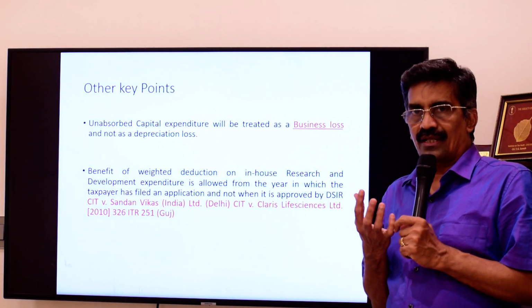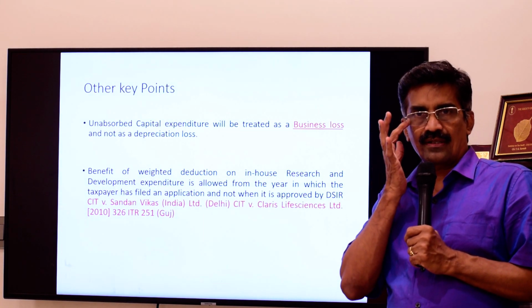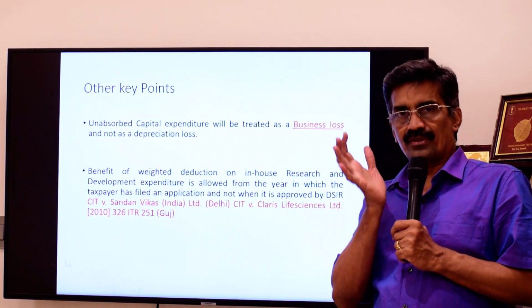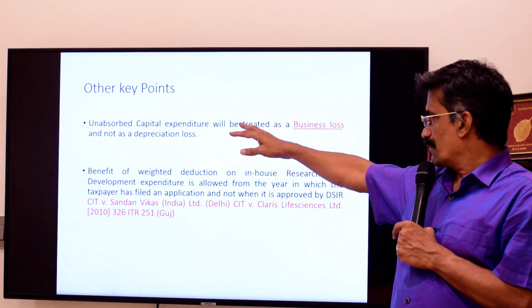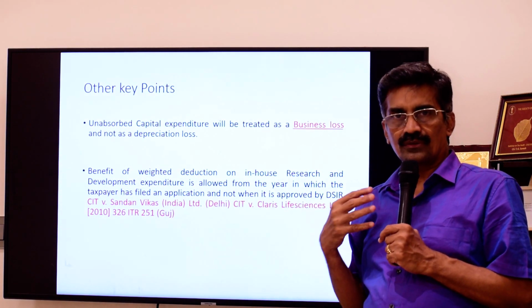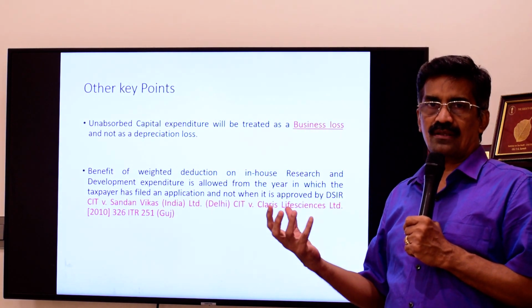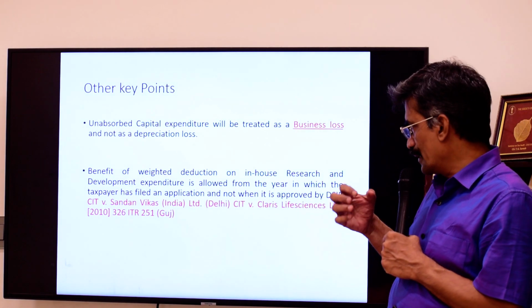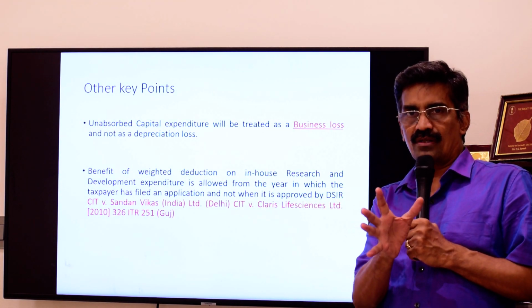We discussed in 35(4) that the unabsorbed capital expenditure will be treated like depreciation. The provisions of 35(4) do not include 35(2AB). Therefore, any loss which arises on account of capital expenditure under 35(2AB) will be treated only as a business loss. That means you can carry forward only for a period of 8 years.